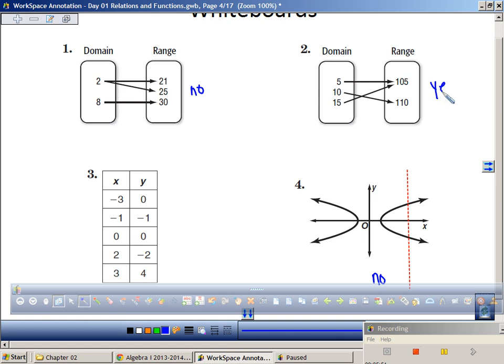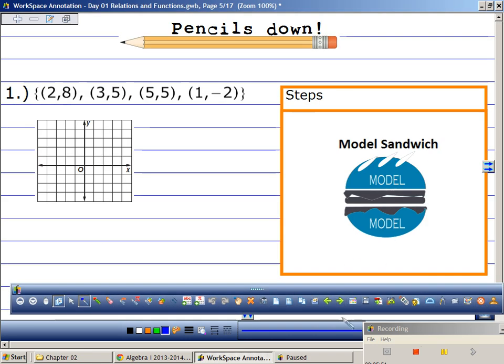This one is a function because a $5 bar could be $105, and a $15 bar could be $105. They both can be, correct? This one was a yes. For each domain value, there's only one range, right? And this one did not pass the vertical line test.